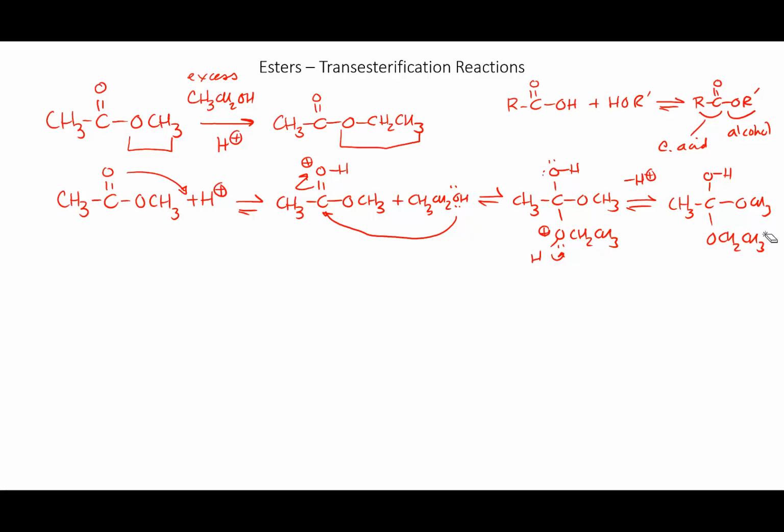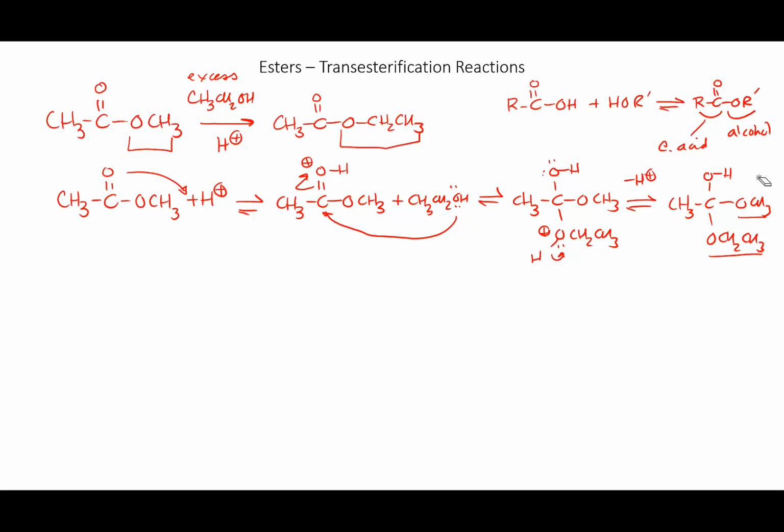Now, what's going to happen? Well, I can add H plus to either of these OR groups. You might say, why not the OH? Try it. If you add an H plus to the OH, the water will leave and you're stuck.